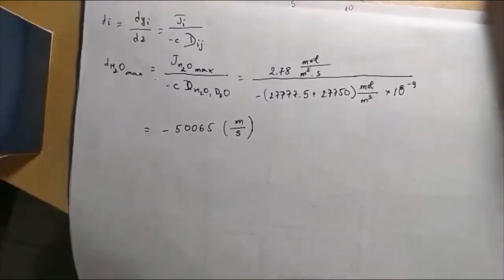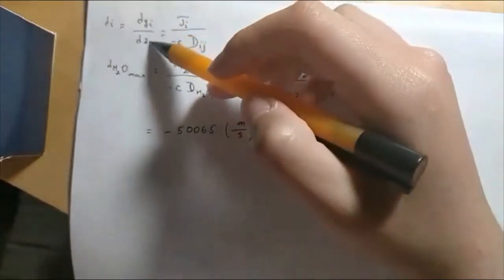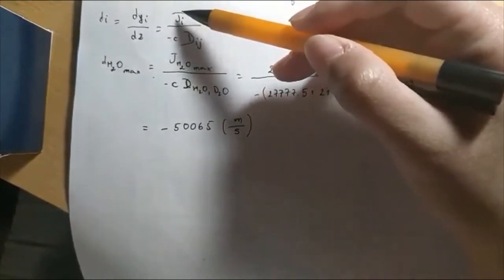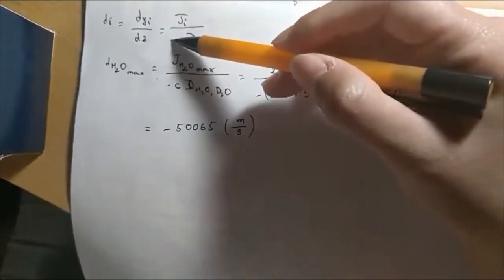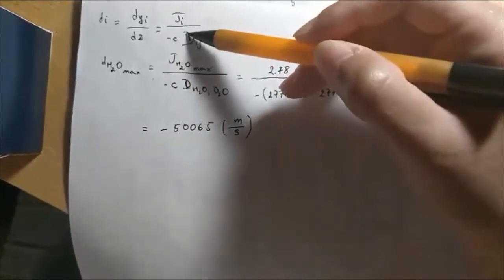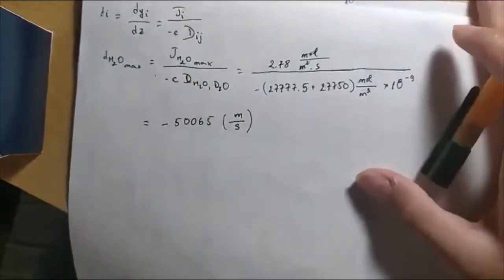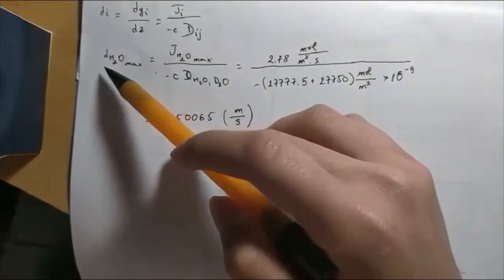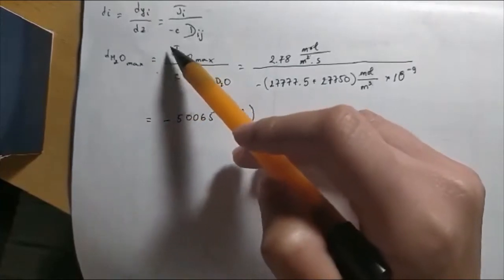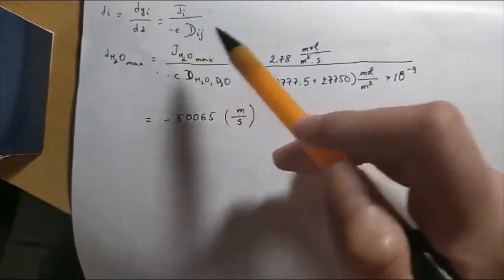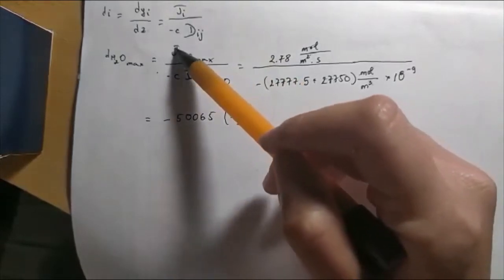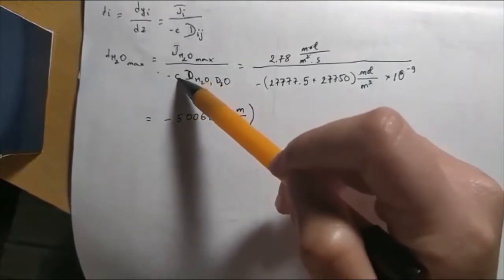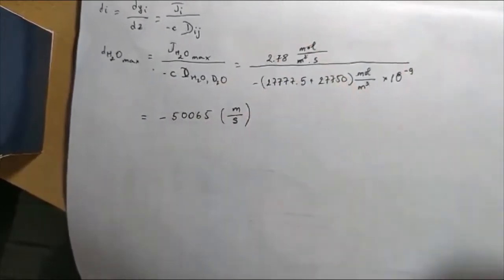I have the driving force, dy over dz, equals the diffusion flux of I over the negative total concentration times the coefficient. So the maximum driving force of H2O equals the maximum diffusion flux of H2O divided by the negative total concentration times the coefficient.